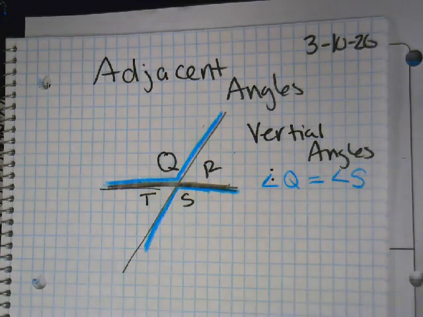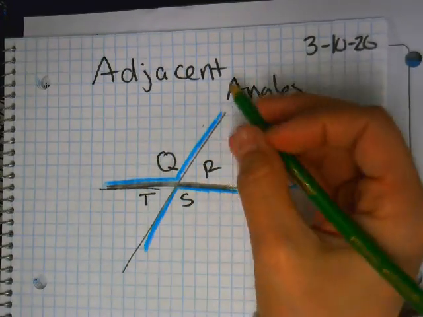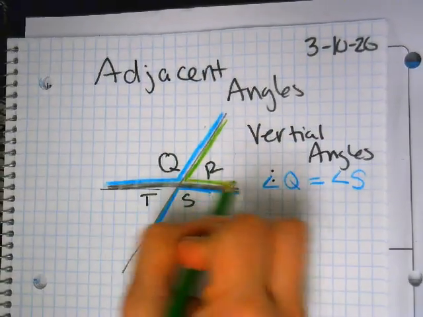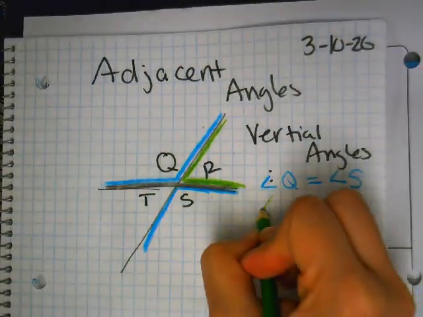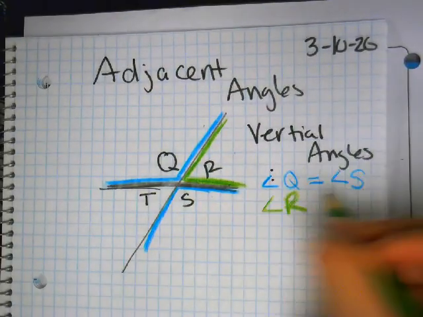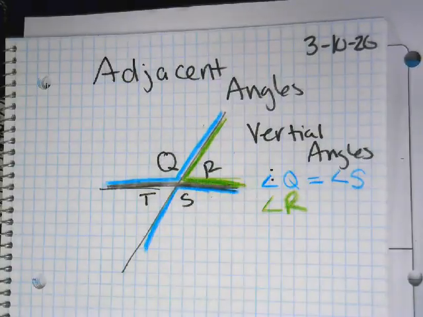Okay, now switch colors with your neighbor, and it should be a totally different color. I made it a point to give you different colors. Now I'm going to color the other angle the other color. Angle R. What is angle R vertical to?